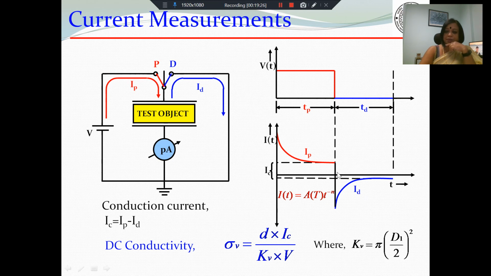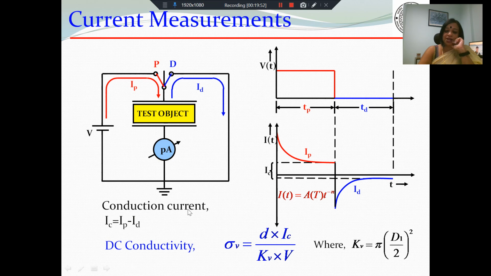And then we take a measure of the IP at time t and ID at time t. So IP is measured at time t after polarization, or after switching on of the supply, and then ID is measured at time t after short circuiting of the supply. So we give both polarization and depolarization the equal time.